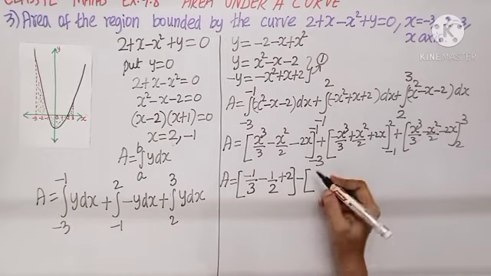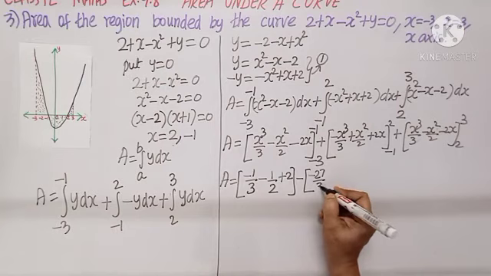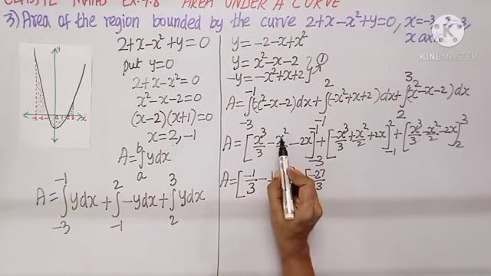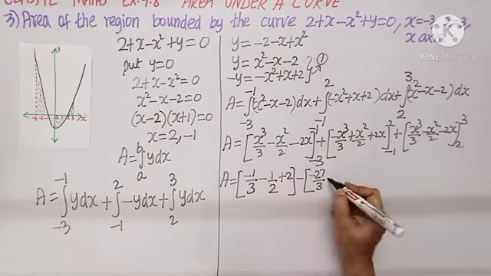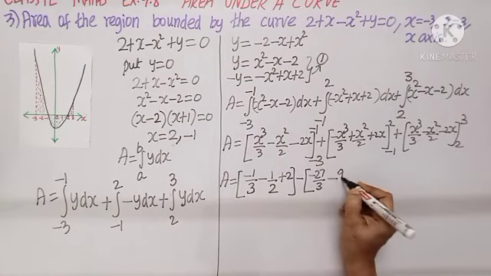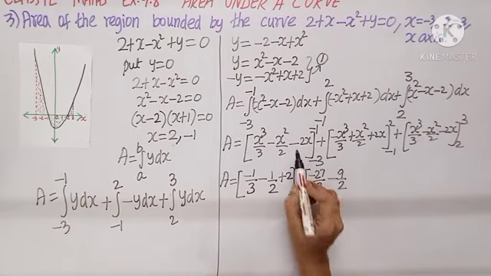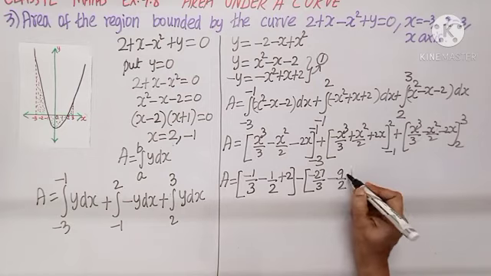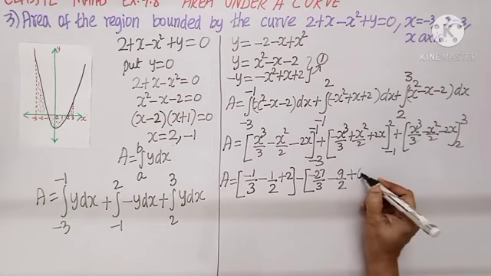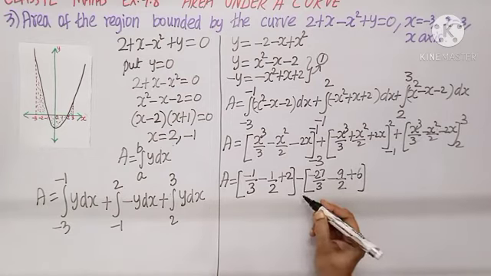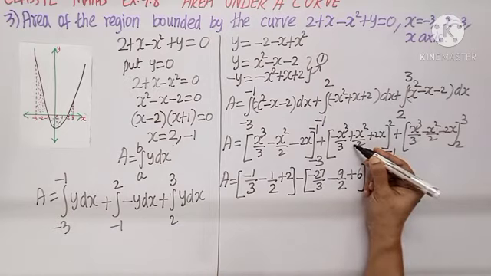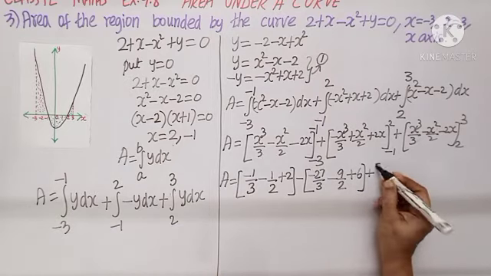Minus 3 cube is minus 27 by 3. Minus 3 square is 9 by 2. But already there is a minus symbol, write as it is. Minus into minus, plus 2 threes are 6. Same way, do for the second and third answer.